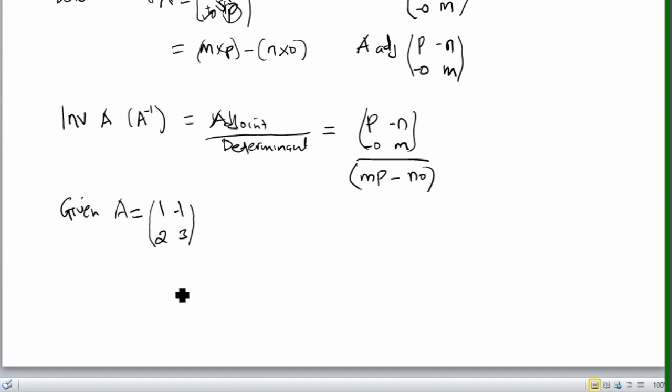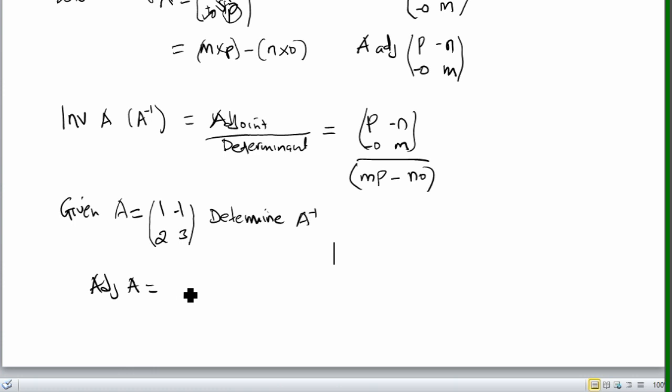So 1, negative 1, 2, 3. Determine A inverse. Now we know that A inverse is the adjoint divided by the determinant. Now what is the adjoint here?